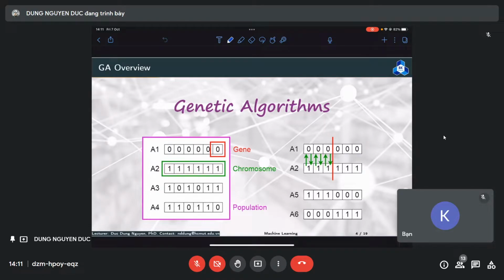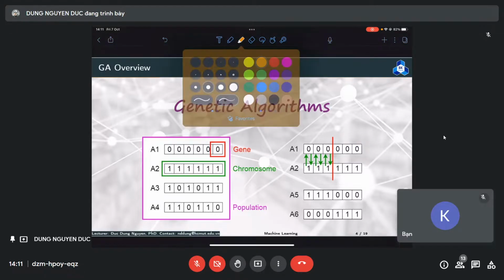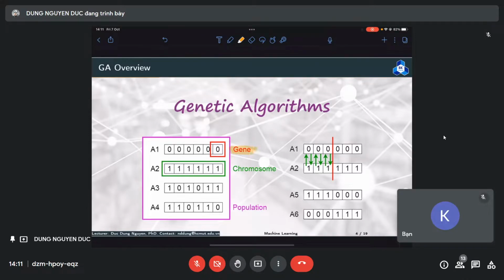So in this kind of setting, you will have some sort of elements we call gene, right? A gene is some sort of value that indicates some characteristic of the solution.